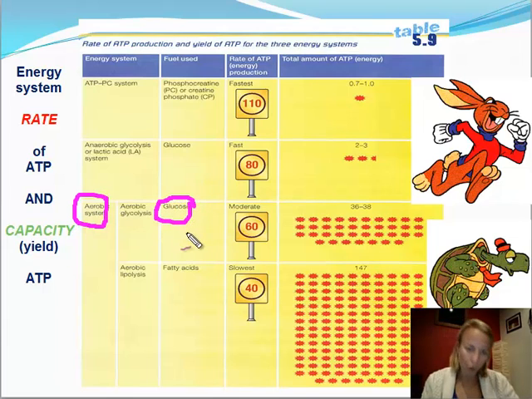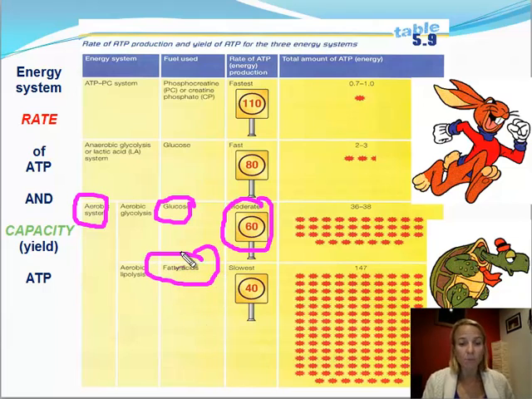Carbohydrates stored as glycogen and broken down into glucose give us a moderate rate, whereas when we use fatty acids, with triglycerides broken down into fatty acids to produce ATP, it's much slower. Part of the reason is that it requires so much more oxygen to break those molecules down. So the rate is much slower.